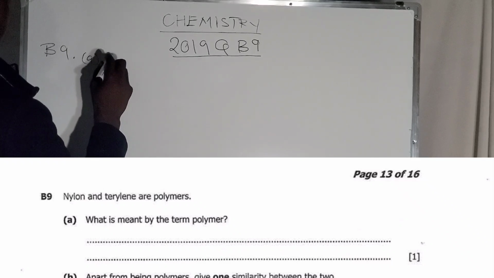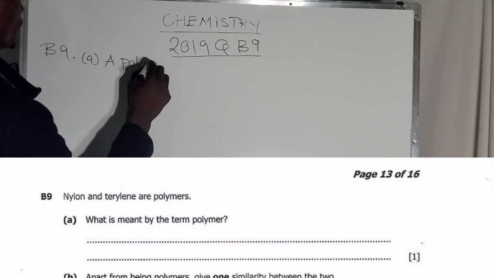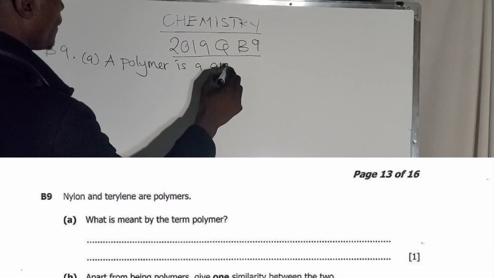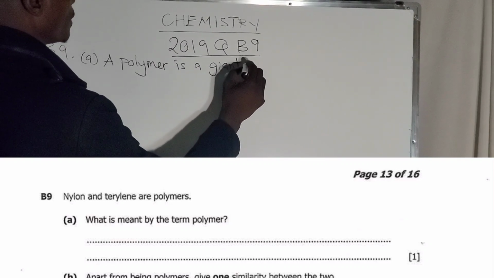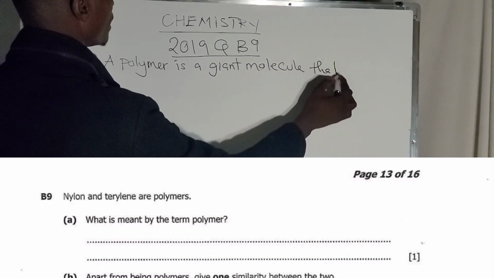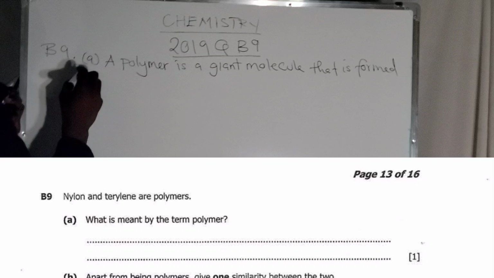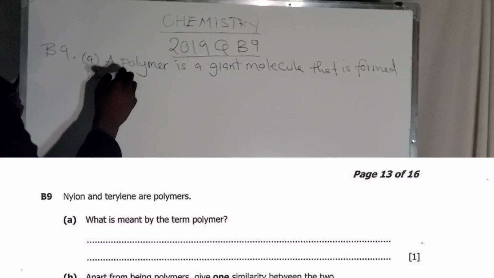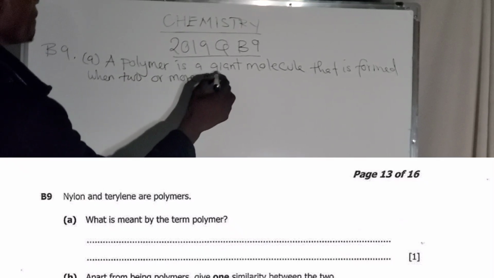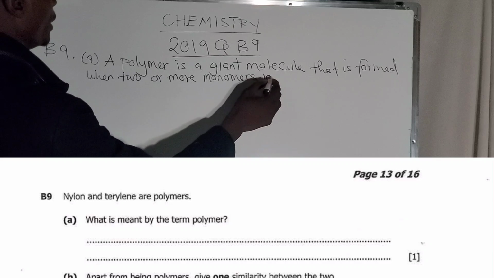So you can say a polymer is a giant molecule that is formed when two or more monomers join.